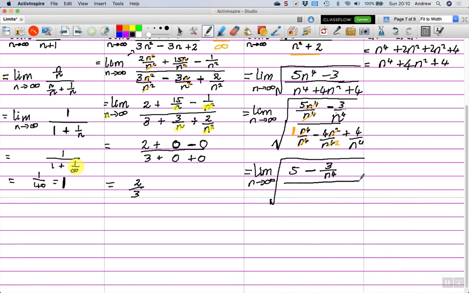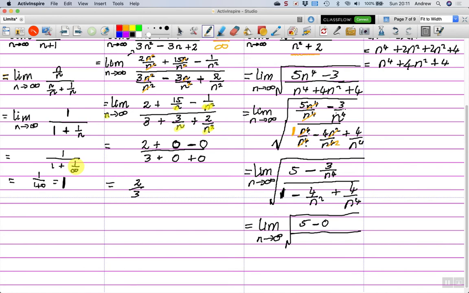All divided by, well, n to the 4 divided by n to the 4 is 1. 4 divided by n squared. And that's going to be plus 4 divided by n to the 4. And once again, we're going to have the limit as n tends to infinity of the square root of, well, 5. N tends to infinity, so minus 3 over infinity is minus 0.